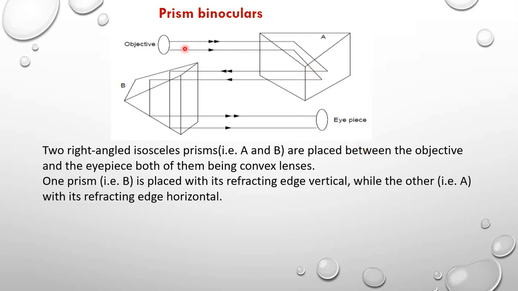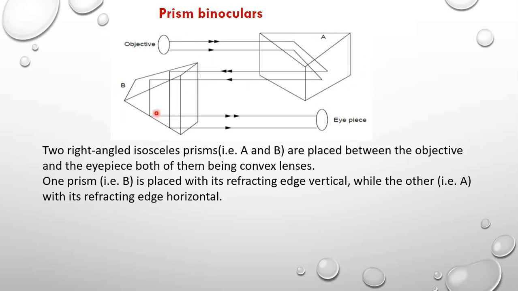It will turn around the image formed because the rays move from the objective onto this prism A. So this prism A turns around the image formed by this objective in a horizontal direction, or what we call lateral inversion. So this one is going to invert the image formed by the objective laterally.